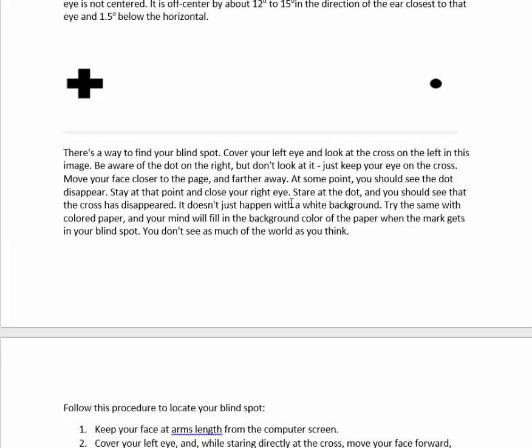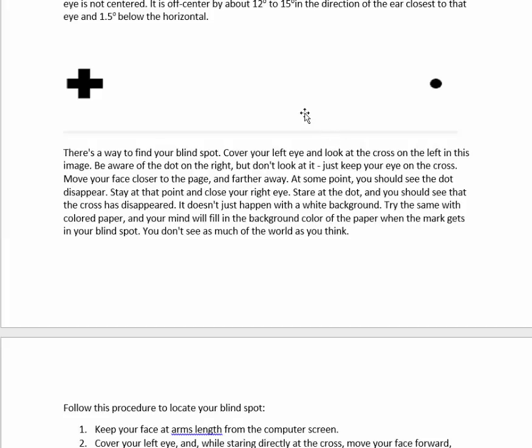In my case, I'm actually doing it. I close my left eye, and you've got to be staring at the cross. Stare at the cross, and when you move forward slightly, I can see the black dot as well. Now stop at that position.